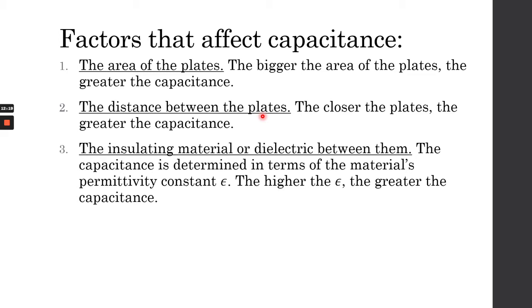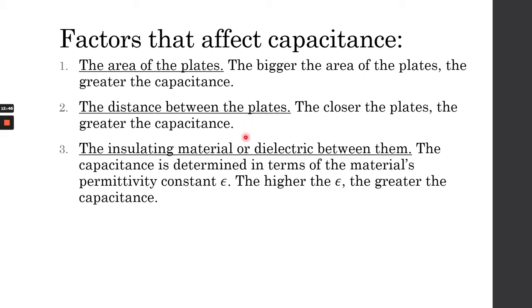Depending on the permittivity constant, for which we use epsilon, in between these two plates, it will also change the capacitance. I would not explain how it happens, but I just want you to remember that the higher the permittivity constant, or the epsilon, of the insulating material or your dielectric, the higher the capacitance.